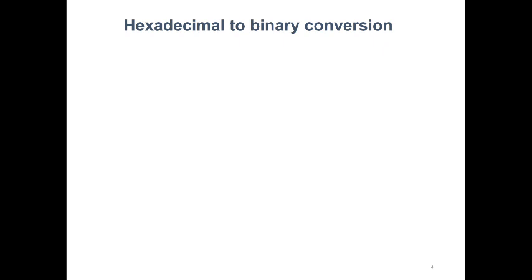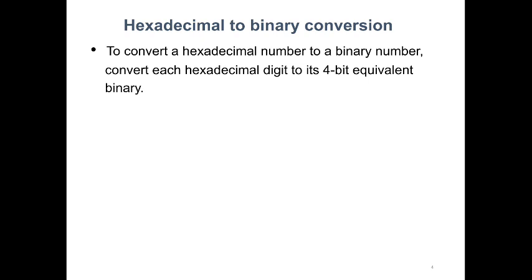Yes, now we will see hexadecimal to binary conversion. We have already seen what is hexadecimal and binary. So I'll just read this. To convert a hexadecimal number to a binary number, convert each hexadecimal digit to its 4-bit equivalent binary.